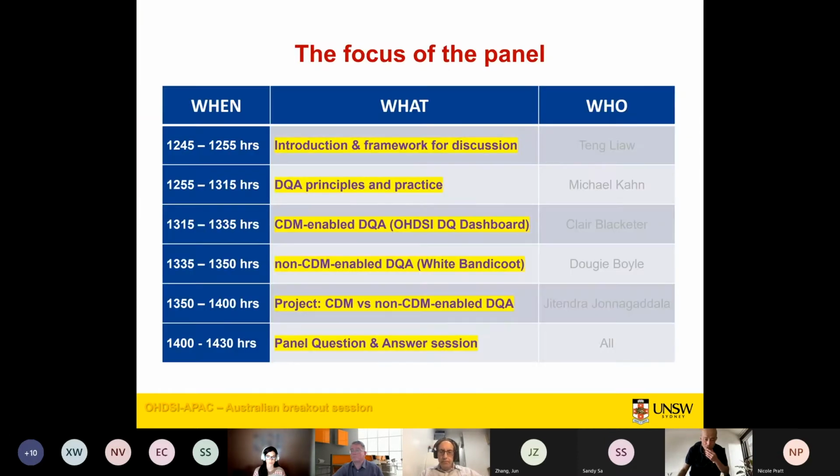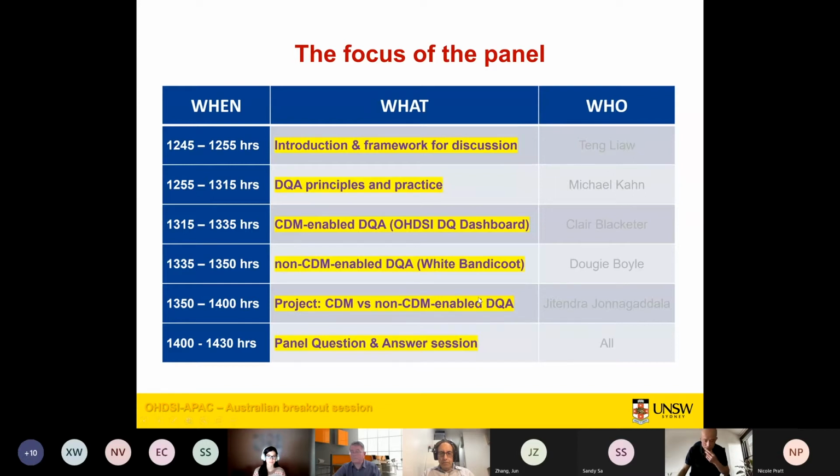So the focus of the panel is essentially on examination of the data quality assessment and management in both CDM environment, as well as the non-CDM enabled environment, and presentations by Claire and Dougie.